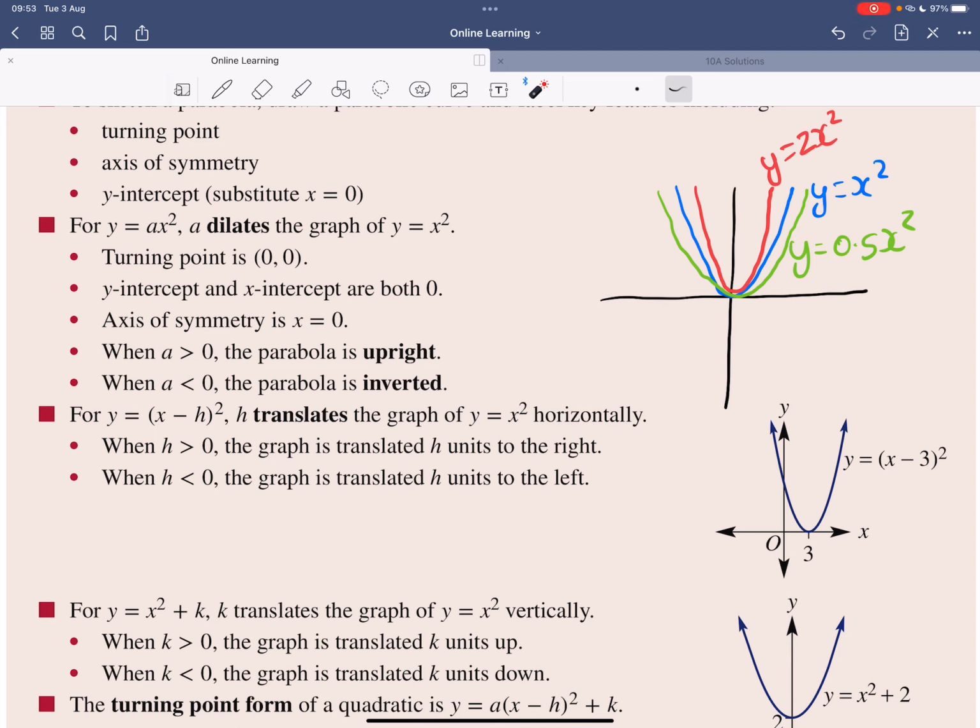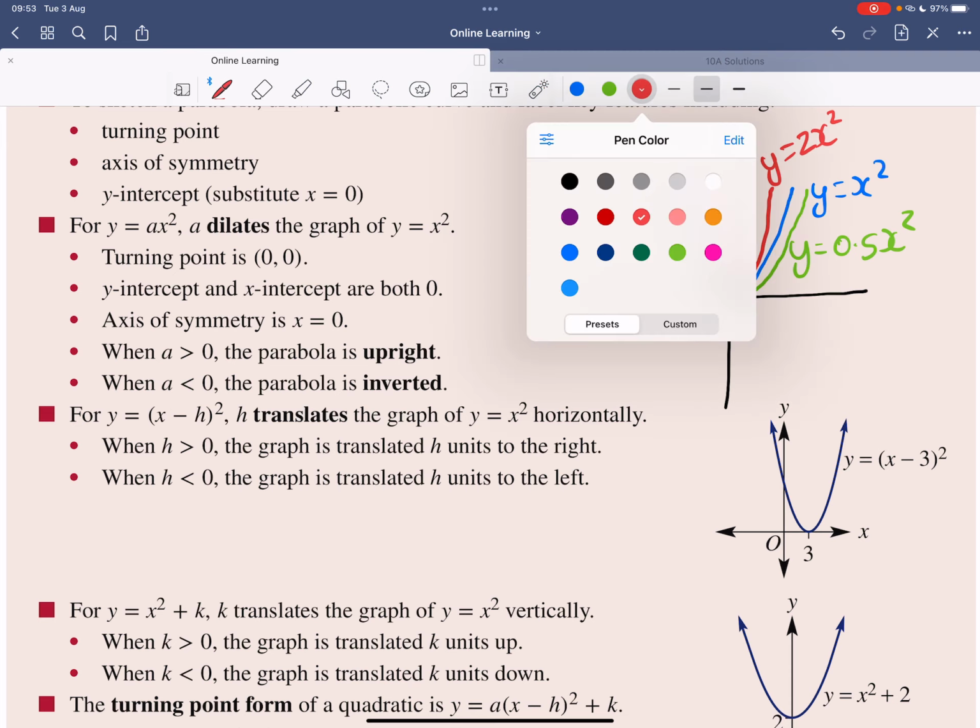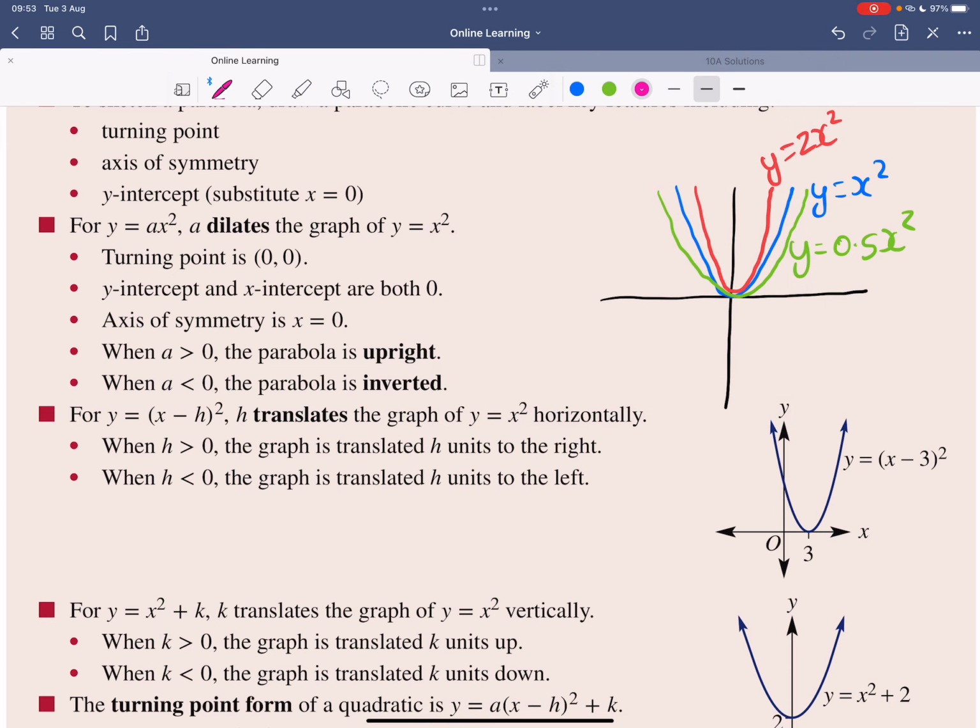Now, in the case we described before, when a is less than 0, like a negative, so let's try, let's go pink, like that. That would be y equals negative, and it looks more like the green shape, doesn't it? It's nice and wide like the green one, so that would be negative 0.5x squared, roughly.